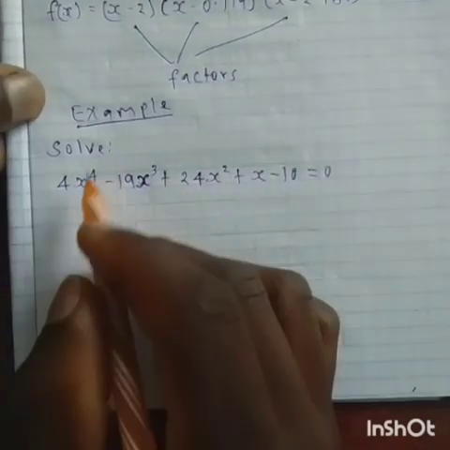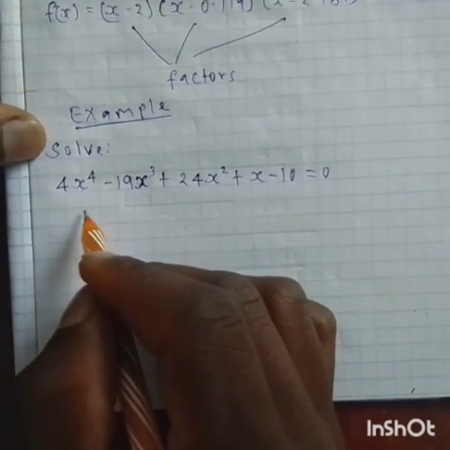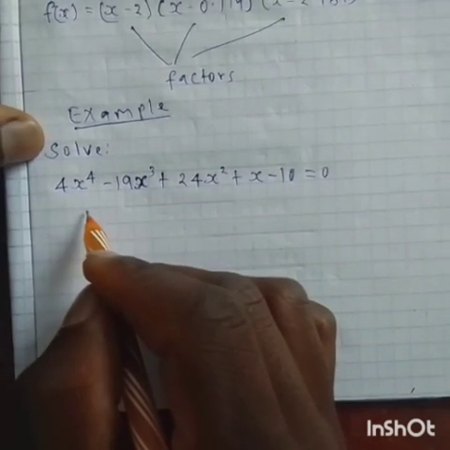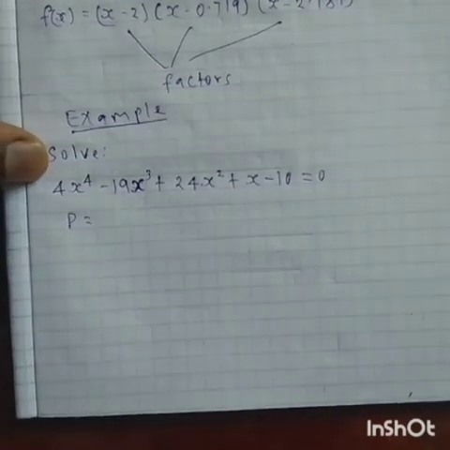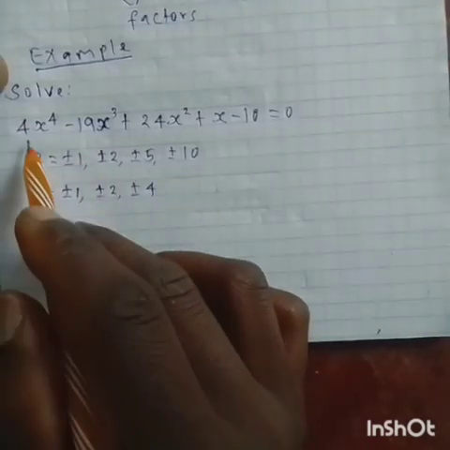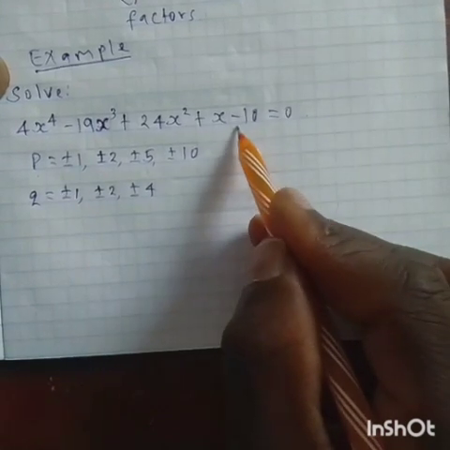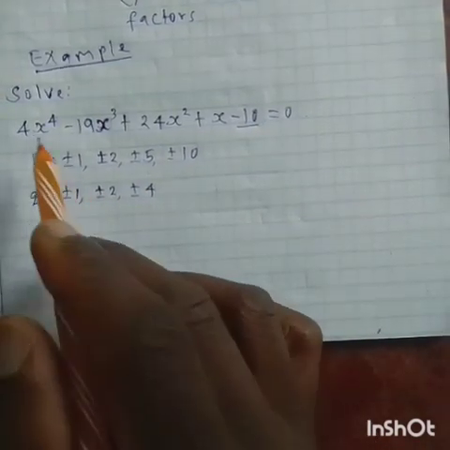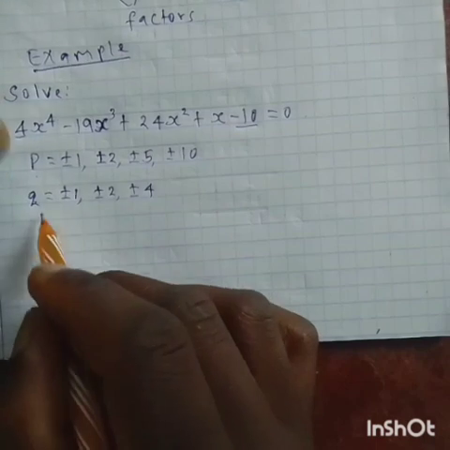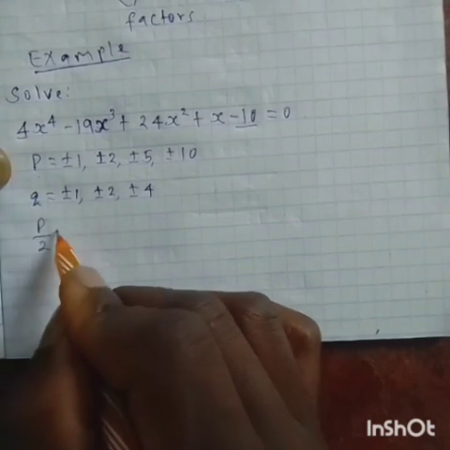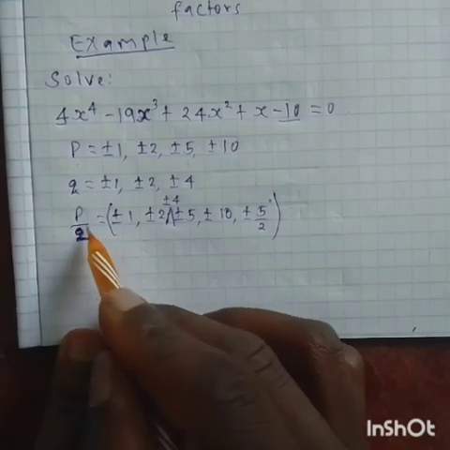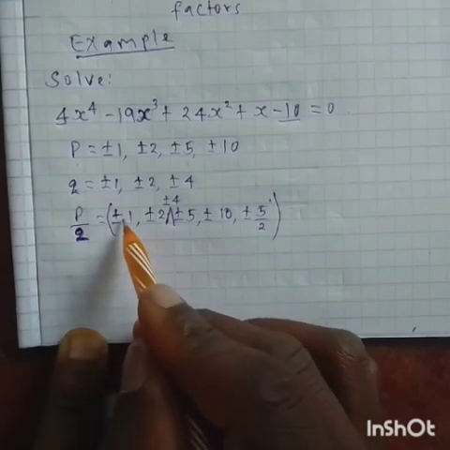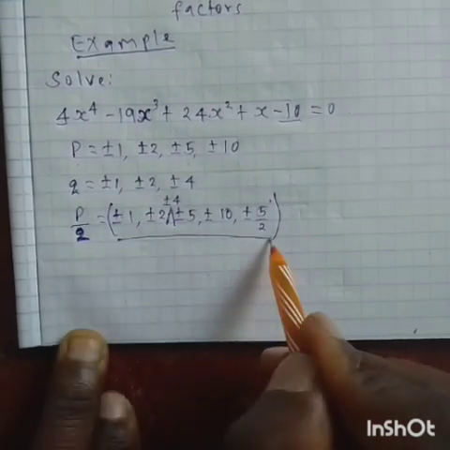So we need to find the values of p, the values of q, and the values of the ratio p over q. p consists of the factors of our a0, and q are the integral factors of our an. So the ratio p over q shall consist of the integral factors of those values.